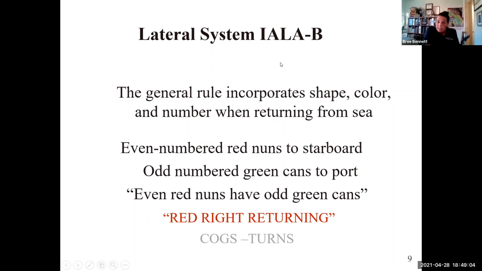So generally speaking, for our IALA B, when returning from sea, so if you're at sea and you're coming back to the dock, so you're seaward and you're going inshore, we're going to keep our reds to the right when we are returning.